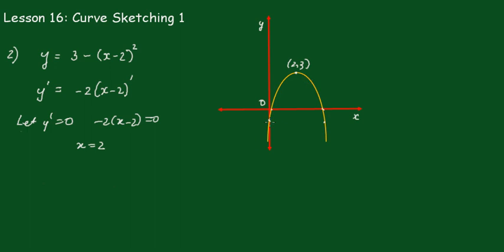We've also got this point over here, which is, again, the same sort of thing. When x is equal to 0, a little bit of work to do here. y is equal to 3 minus 2 all squared. So it becomes 3 minus 4, and of course y is equal to -1.